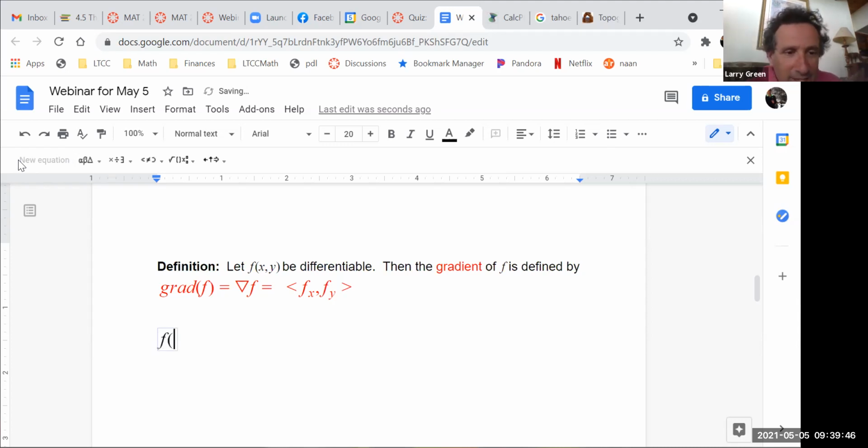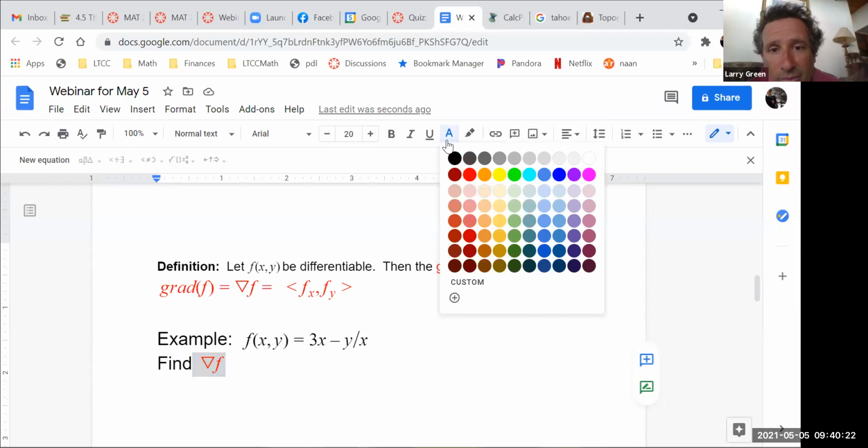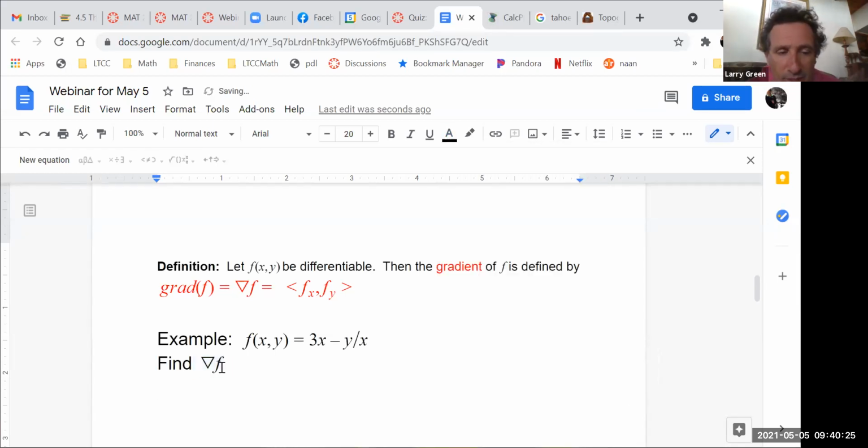So let's suppose f of x comma y is equal to 3x minus y over x. Find the gradient of f.